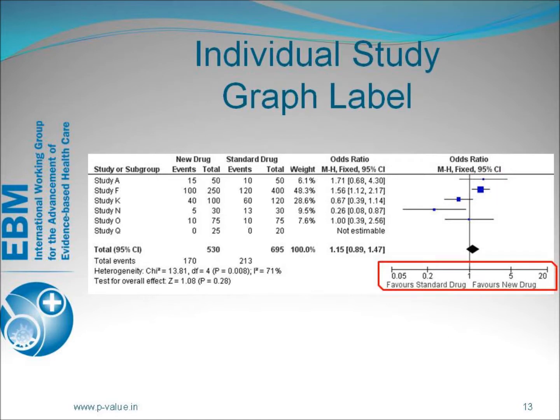For study O, the point estimate is at the line of no effect, representing that both groups showed same response. Nearly all studies will show point estimate to be on one side of the line, and the labels below help us interpret the meaning of each point estimate. The labels are placed depending on whether the outcome measure is beneficial or detrimental.